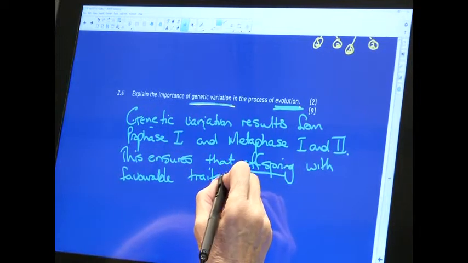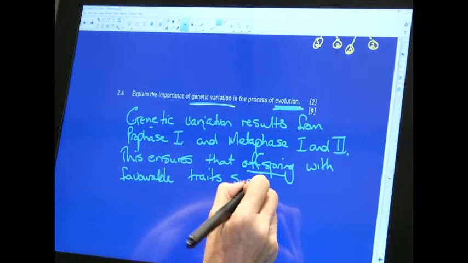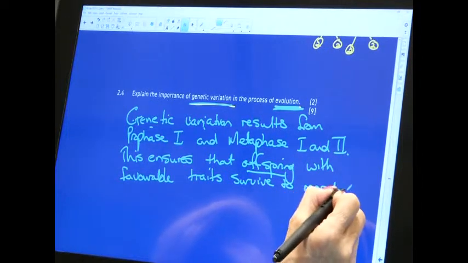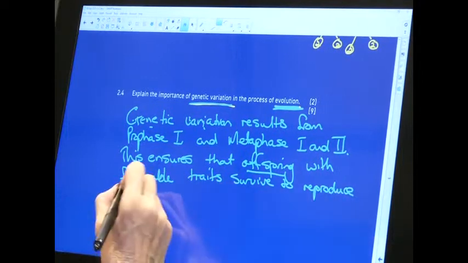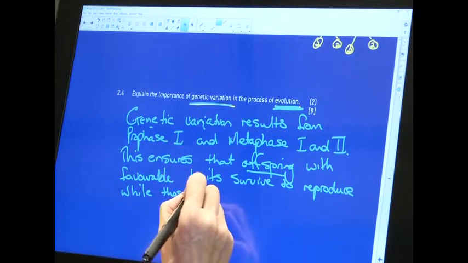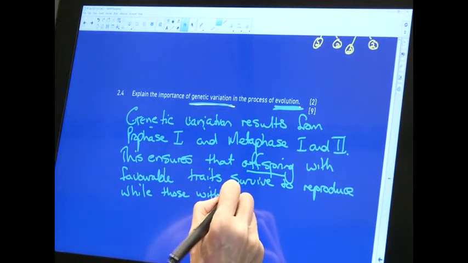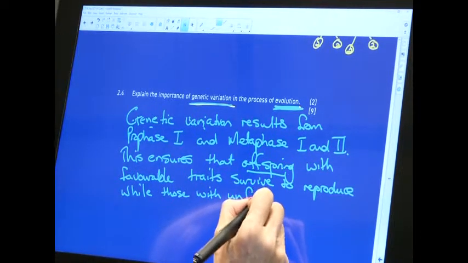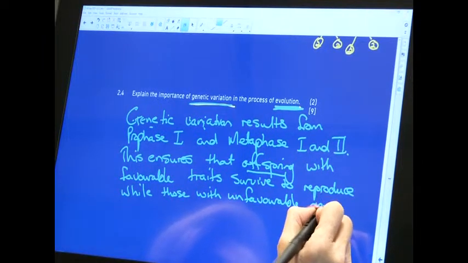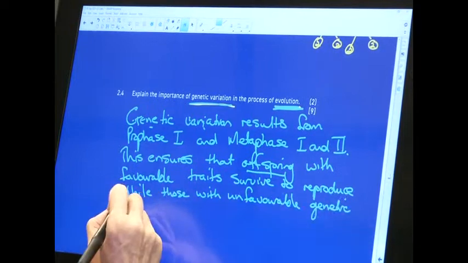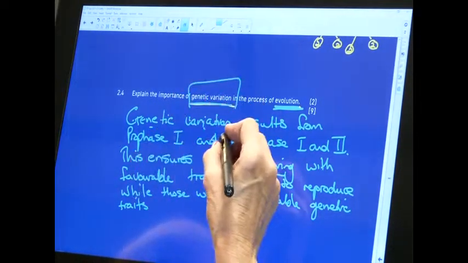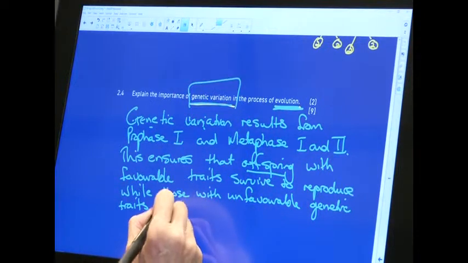Traits survive to reproduce, okay, while those with unfavorable genetic traits, which result from genetic variation, die.